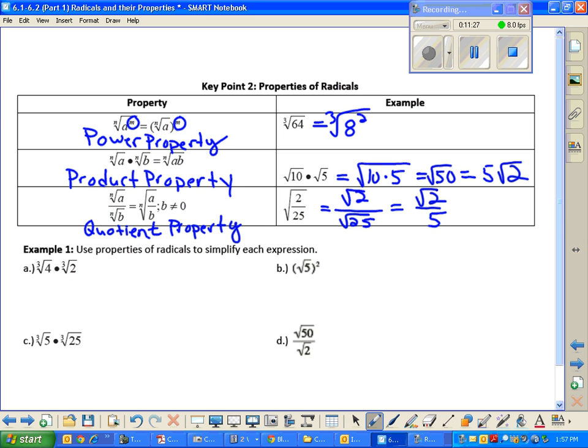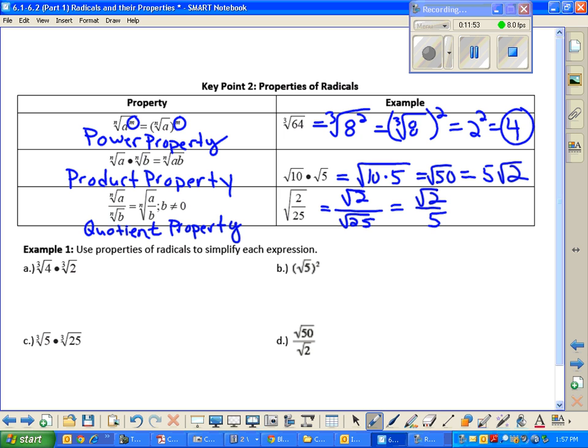So I could think about the cube root of 64 as the cube root of 8 squared, which is the same as the cube root of 8, all squared. And we know the cube root of 8 from the last chapter when we had to factor our sums and differences of cubes. Cube root of 8 is 2. 2 squared is 4. Bam, I still got the same answer. So this property holds water for us, for sure.